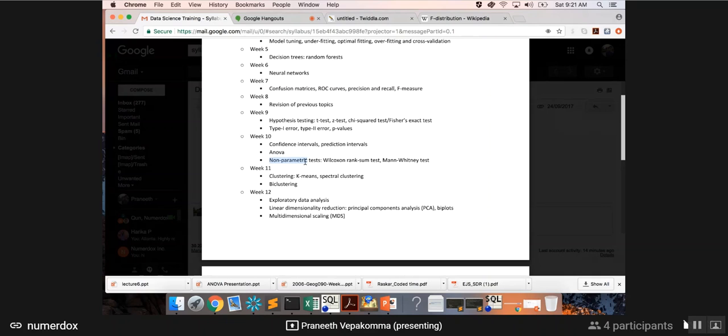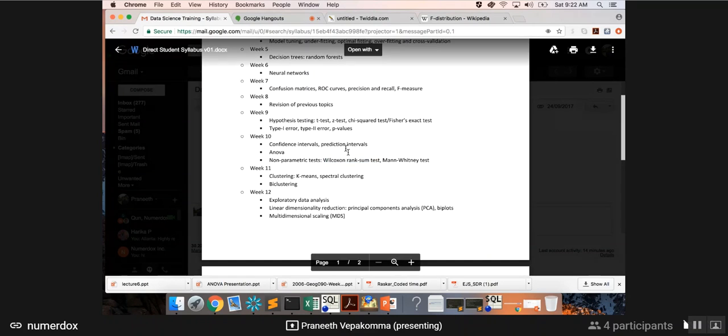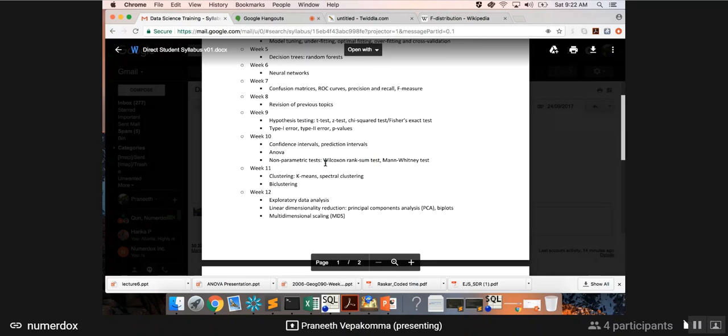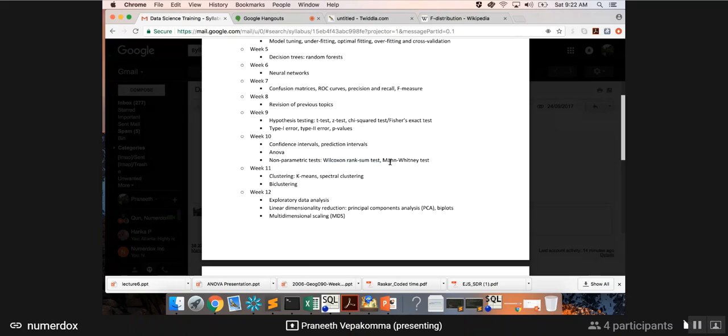So then comes the area of non-parametric statistics, which means regardless of distribution, you can do this hypothesis test. For example, instead of a t-test comparing two means or a z-test comparing two means of two variables, you can do the Wilcoxon rank sum test.